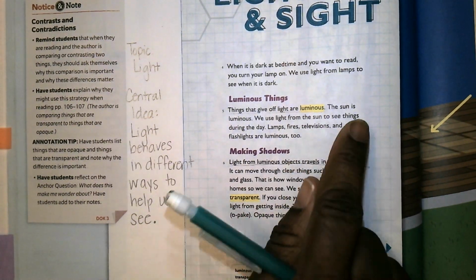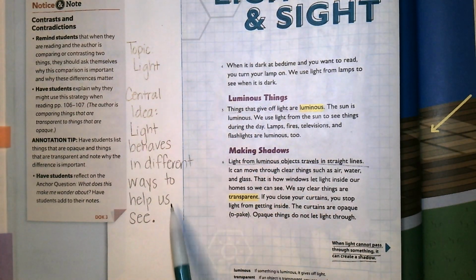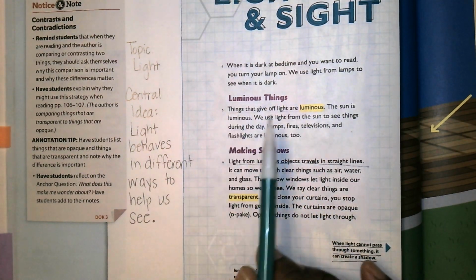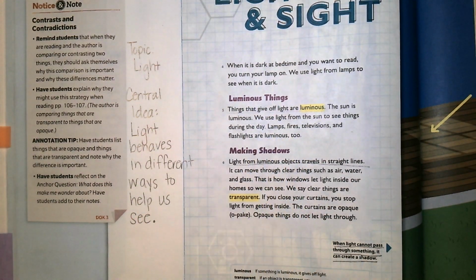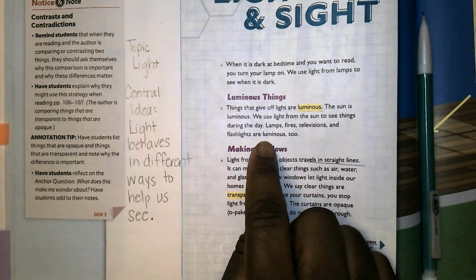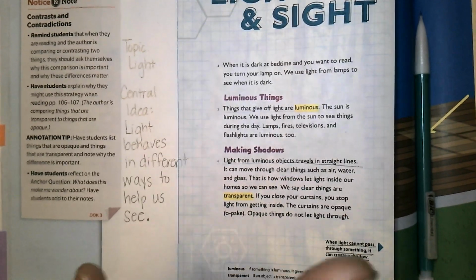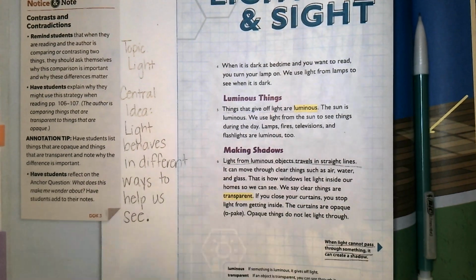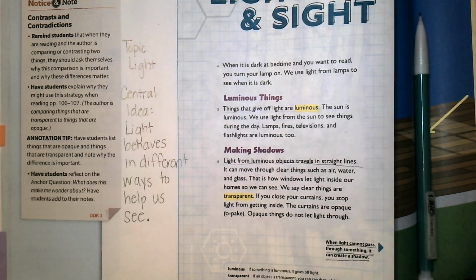And I can return back to that same point to say, yeah, it does behave in different ways to help us see, because from things like lamps and televisions, it gives off light to help us see. And we can only do that with luminous objects. However, light does behave differently in other cases, like when it is traveling through transparent objects like a window or a glass.